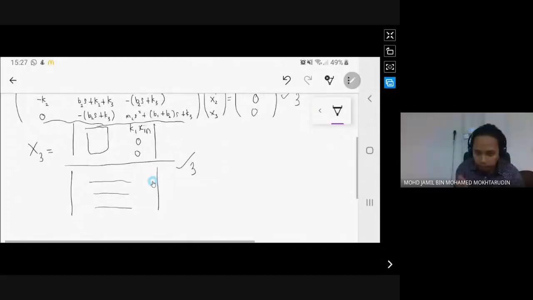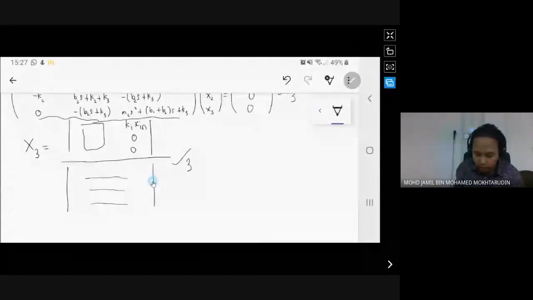So let's say from question A, B, you already have X in. So you write X in only. You get 3 marks as well, okay?